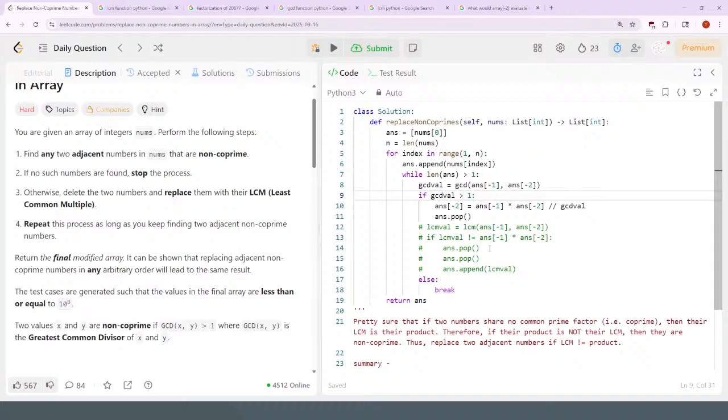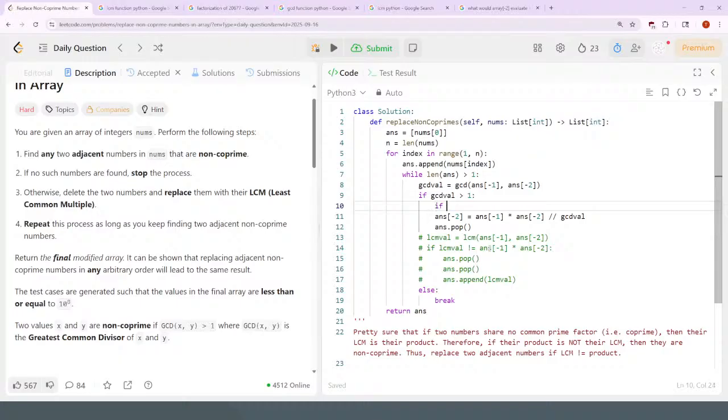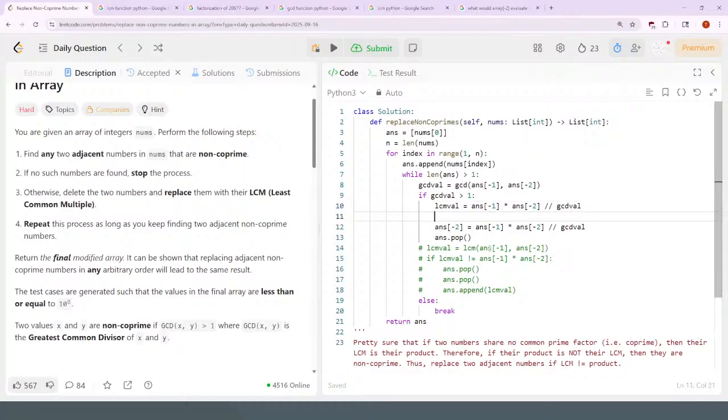If the GCD value is greater than 1, then the replacement, the LCM value, is going to be answer at -1 times answer at -2 divided by GCD value.